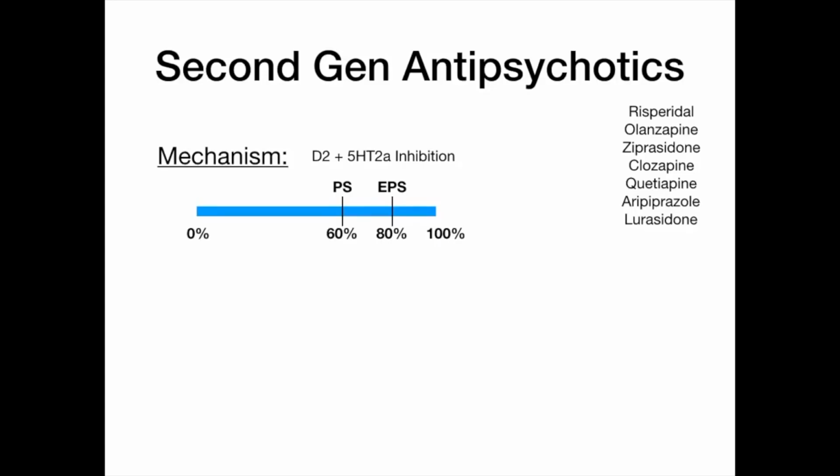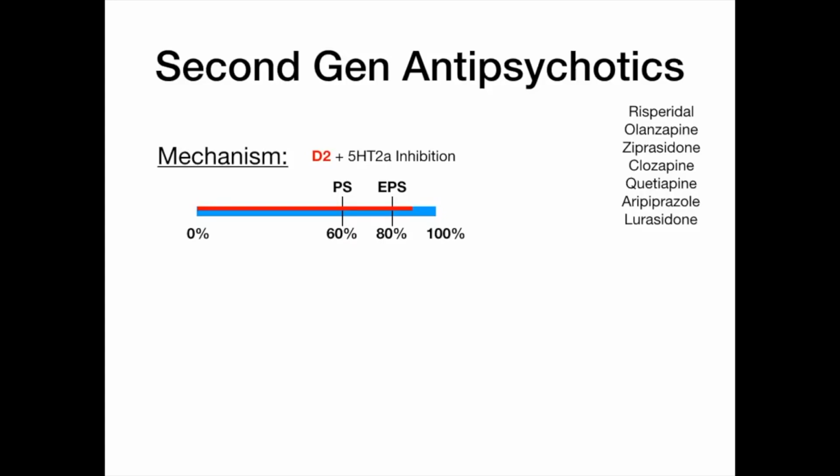So normally, if you just block dopamine 2 receptors, as in the case of a first-generation antipsychotic, you would have over 80% receptor occupancy, and therefore the person would have their hallucinations and delusions be gone because you passed 60%, but they would also have EPS because you passed 80%. And we don't want patients to get extrapyramidal symptoms. Because we're also inhibiting the 5-HT2A receptor, that leads to a little bit of increased levels of dopamine, but just a little bit.